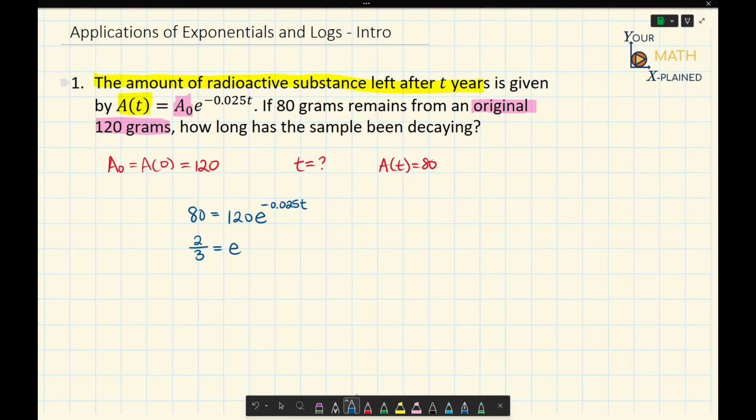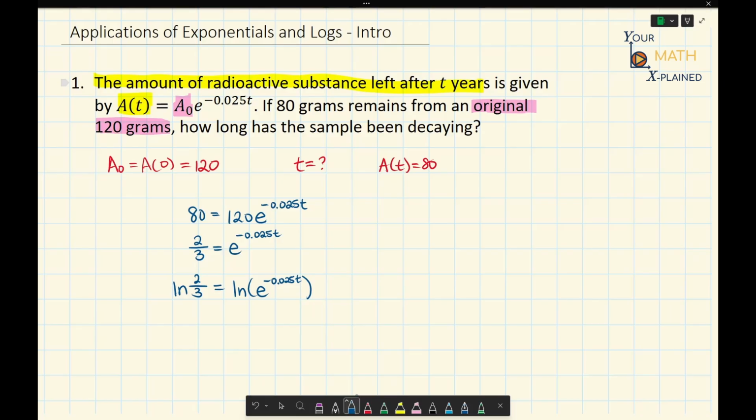And then the right-hand side is going to be e to the power of negative 0.025t. And now to bring the exponent down, we're going to take the natural log of both sides. So the left-hand side, we're going to get ln of 2 over 3. And then the right-hand side is going to be ln of e to the power of negative 0.025t.